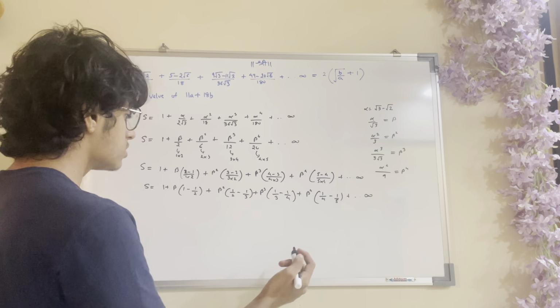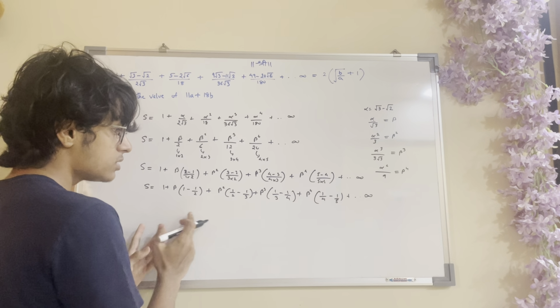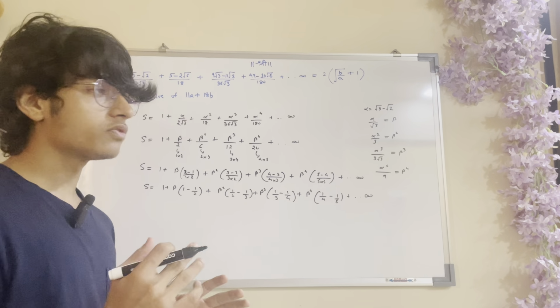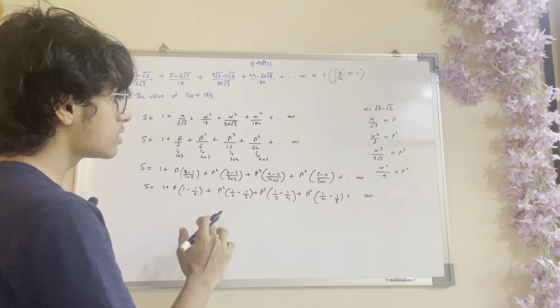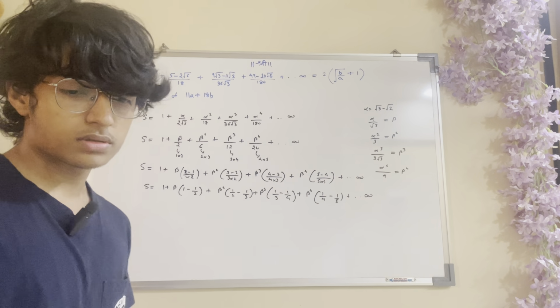As we have this step here, we will separate the positive terms and the negative terms and make it into two brackets and solve it as two different sums. I will erase this part and write this sum as two different sums.